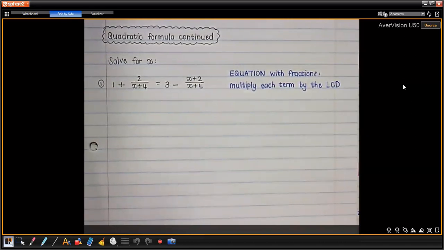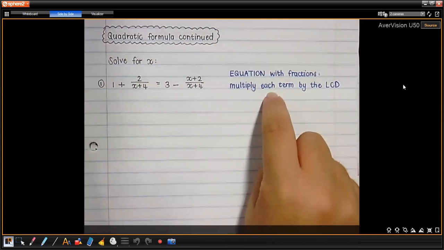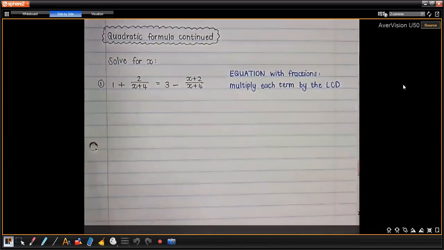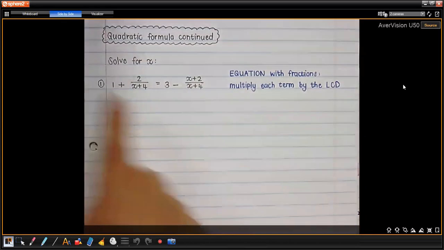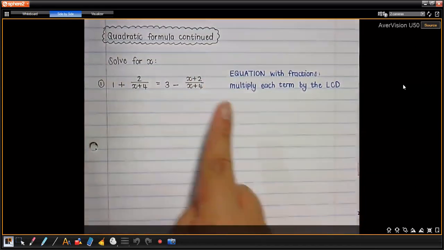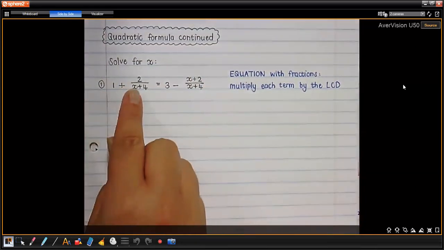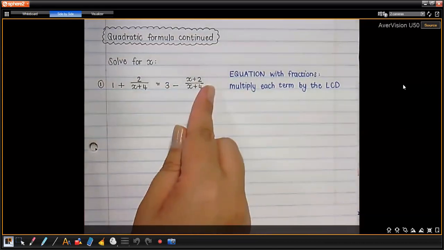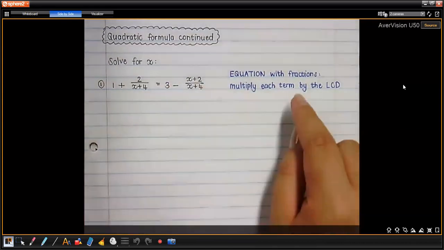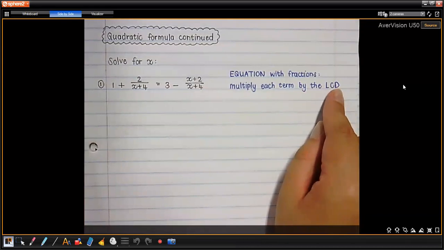I'm going to say that again. When you have an equation with fractions, even if it's only one fraction, you have to multiply every single term, even the terms that aren't fractions. How many terms do I have in this whole equation? 1, 2, 3, 4. So I'm going to have to multiply by the LCD 4 times.